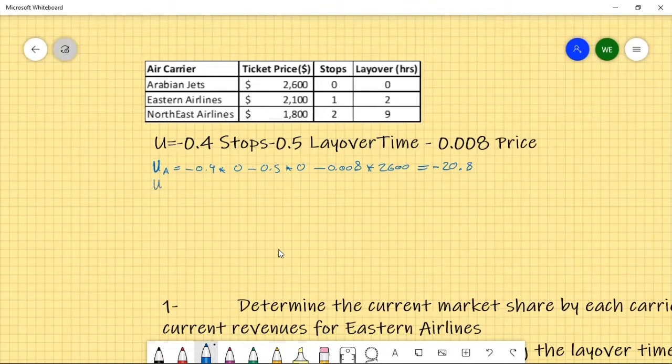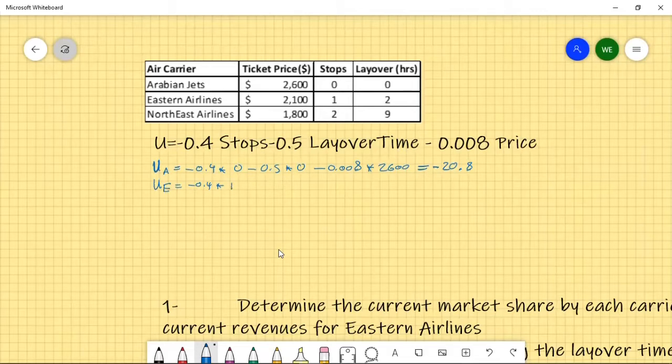And here UE, that's for Eastern Airlines, equals minus 0.4 multiplied by the stops. How many stops do we have? I think we have one stop, I'm sorry, I got that wrong.